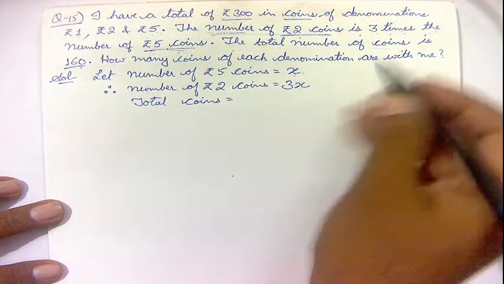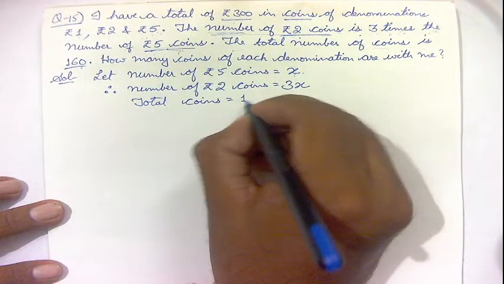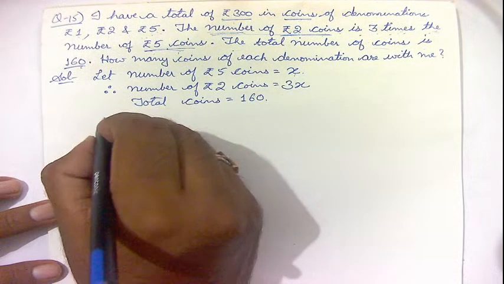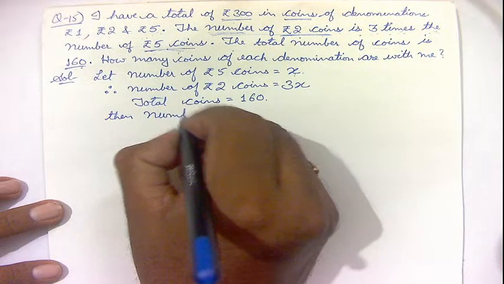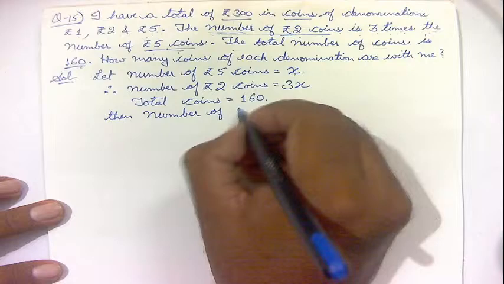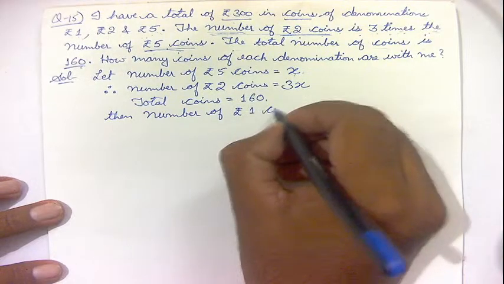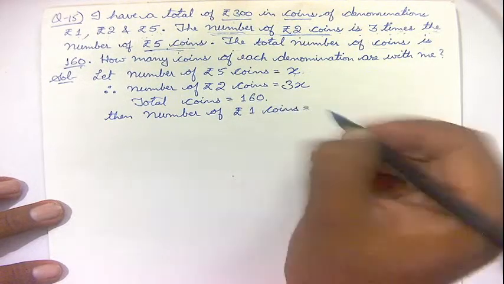Now total coins, if we are talking about total coins, the total number of coins is 160. Then number of rupee 1 coins. How many coins of 1 rupee will there be?